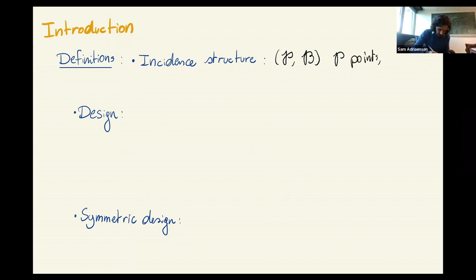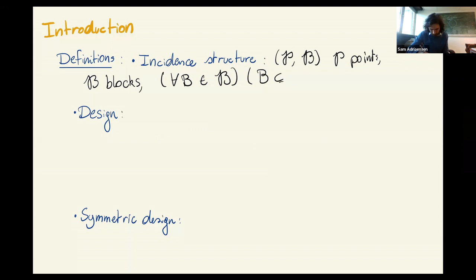The elements of B are called blocks. And we will use the convention that any block is just a subset of points. Right, okay. So very easy thing, just a pair of sets, points and blocks, which are subsets of the points.